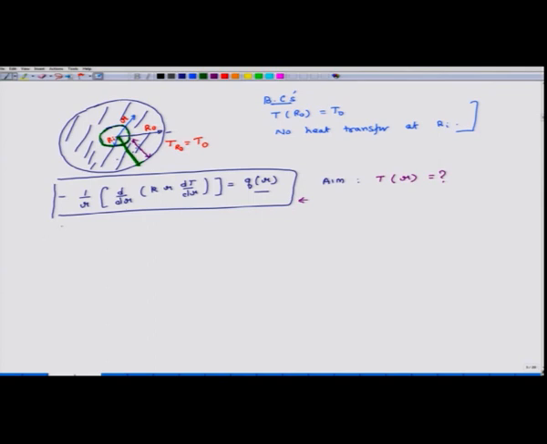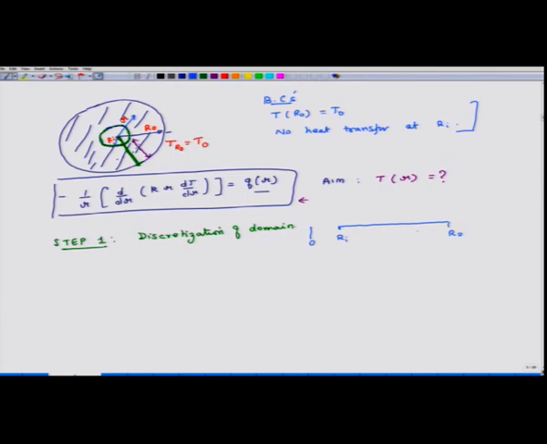The first step we discussed is that we break the entire domain into small elements. Step 1: discretization of domain. So, my domain is this, Ri to Ro, and let us say this is my center, the origin.